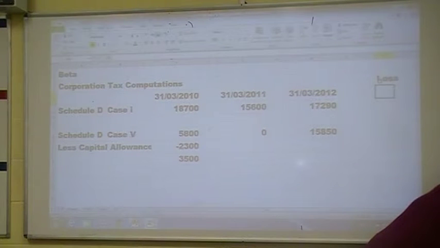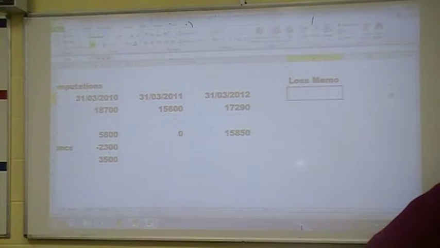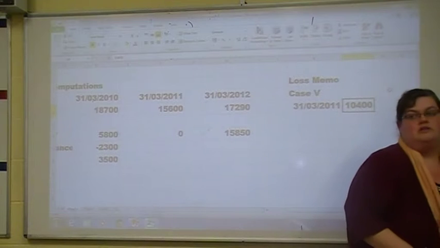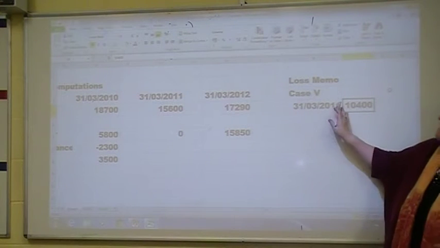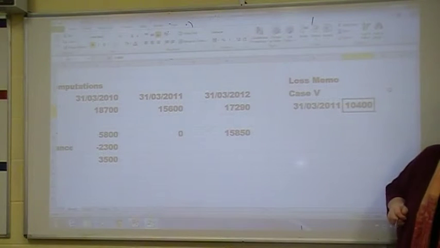It's a case 5 loss memo for 31st March 11, and that is 10,400. That case 5 loss is ring fenced, we can only take that against case 5 income.